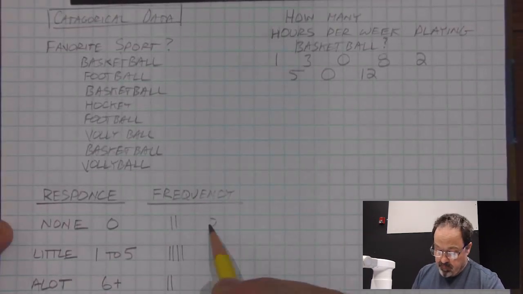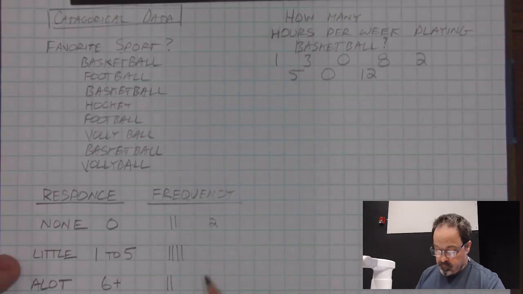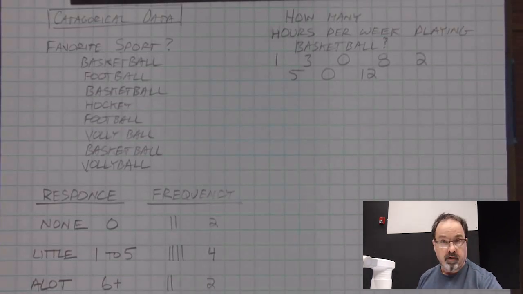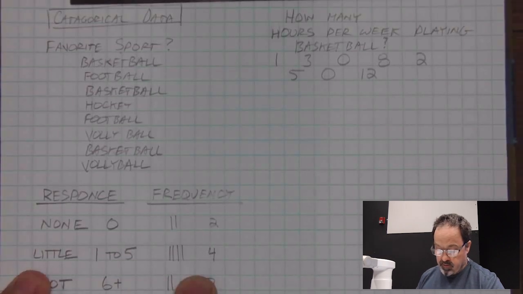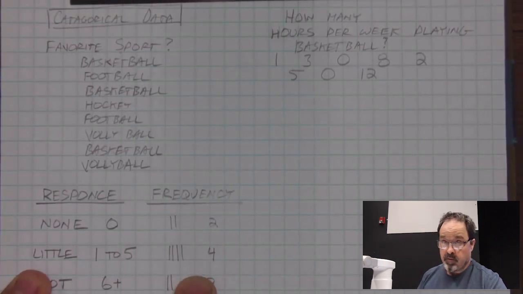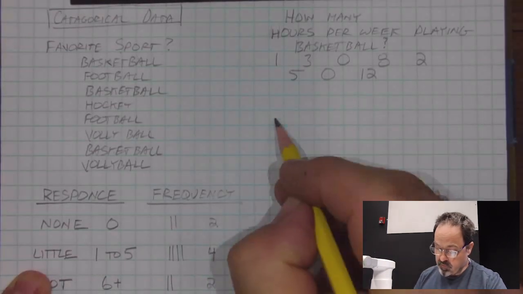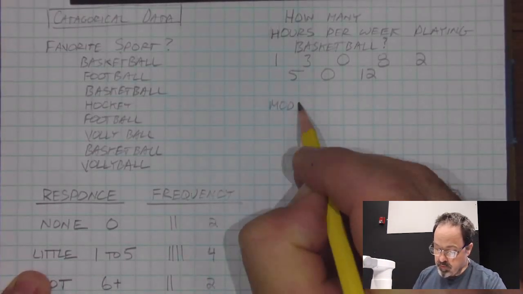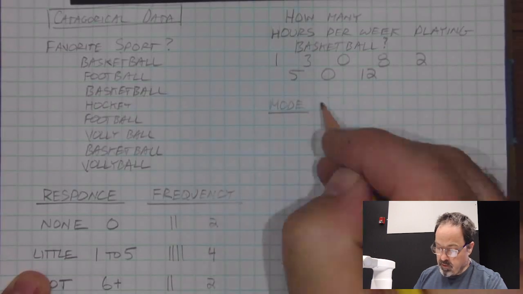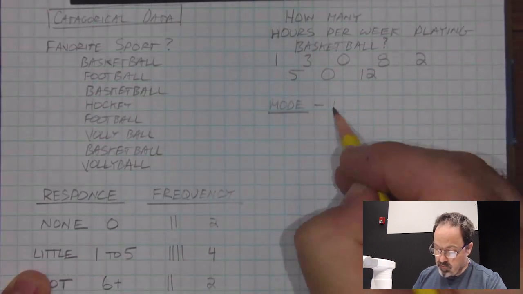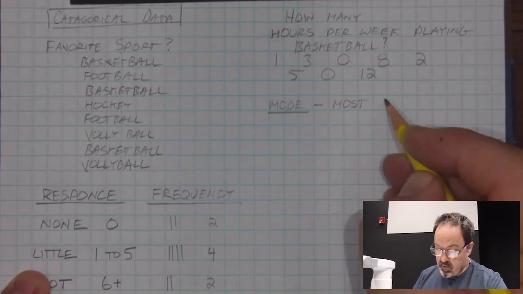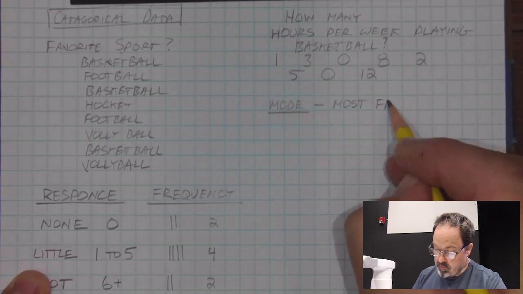2 people said they don't play any basketball. 4 people said they play a little bit of basketball. And 2 people said they play a lot of basketball. This category here, a little bit of basketball, is the most common in this data. And we have a special word called mode. Mode is simply a fancy word for which category is most frequent.